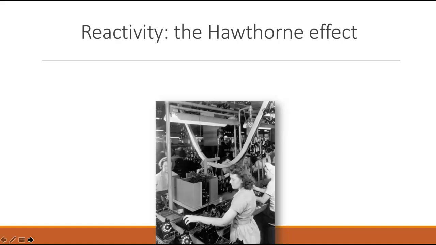And they found that productivity increased when they brightened the lighting in the factory. Unfortunately, they also found that productivity increased when they dimmed the lighting. Eventually, they discovered that people were working harder because they knew they were being studied by researchers. This is what has come to be known as reactivity, or the Hawthorne effect, the fact that people behave differently when they know they are being studied.